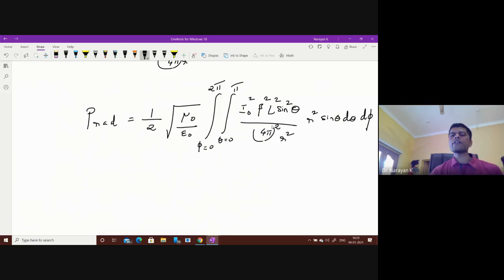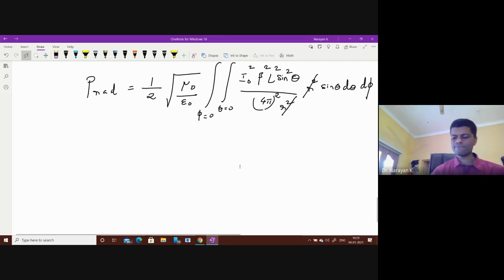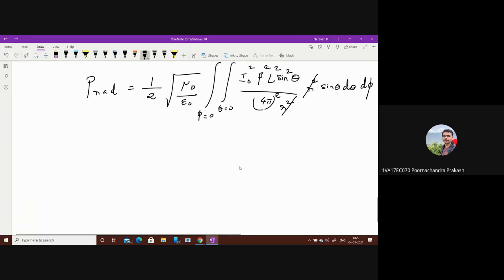Is it clear what I have done? Substitute that value of H of phi. So what will happen here? R square will get cancelled. Yes or no? Yes, sir.